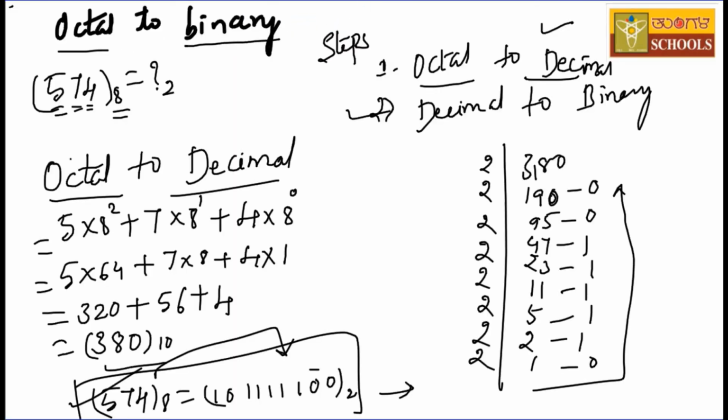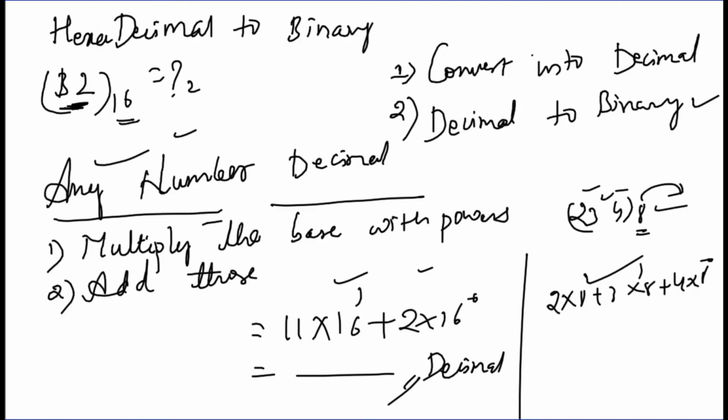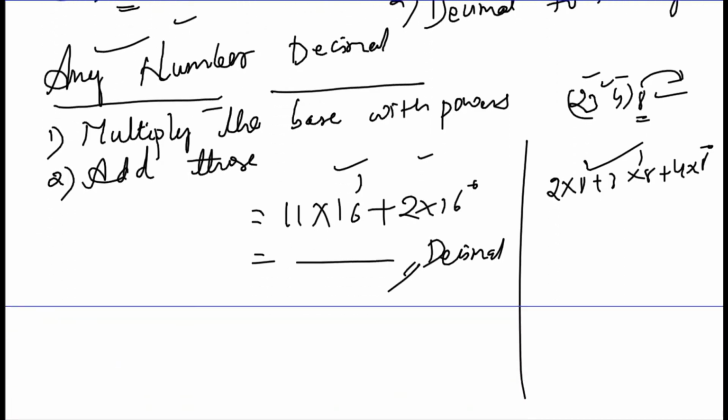Again the same thing, octal to binary. The example I gave first was 574, which was an octal number.